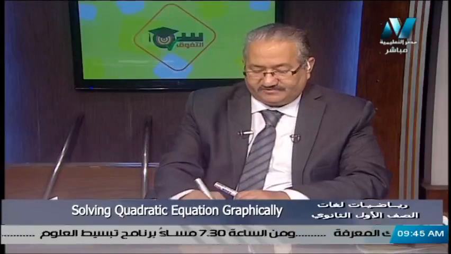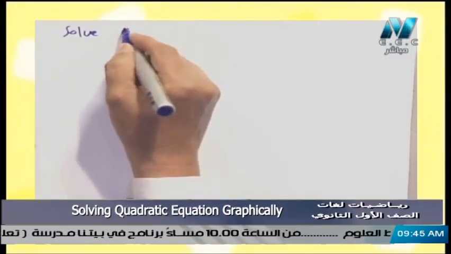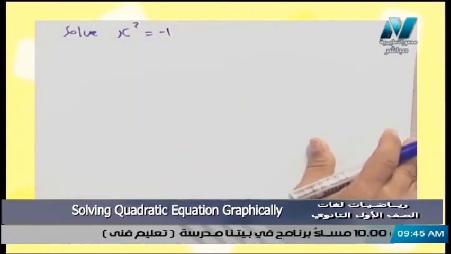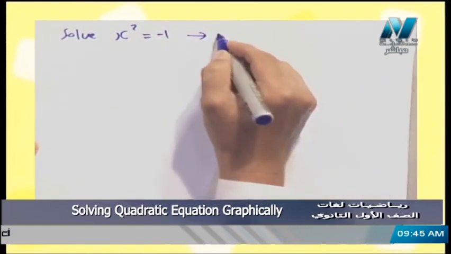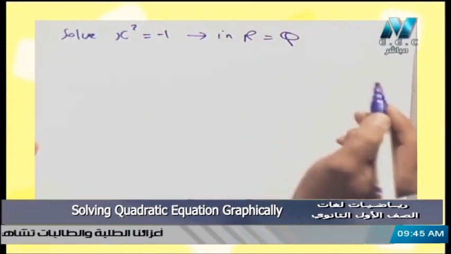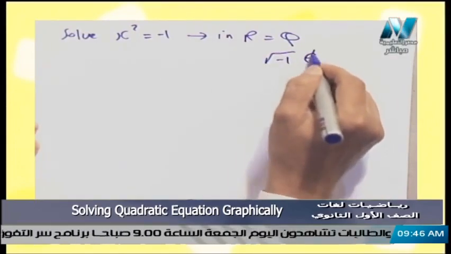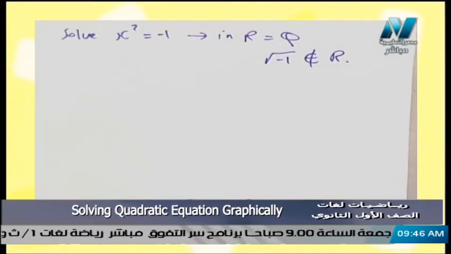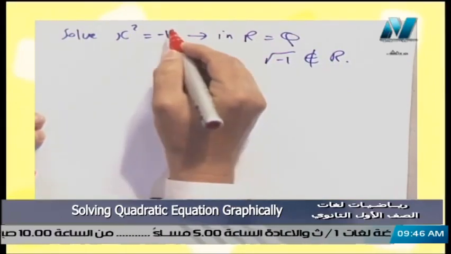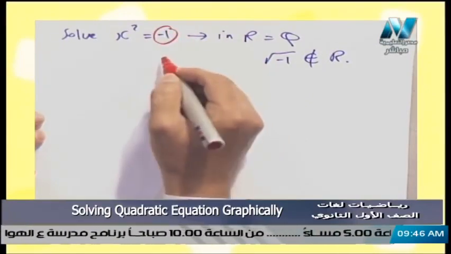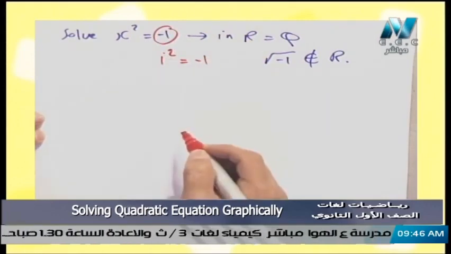We have to solve the equation x power 2 equals -1, but in fact its solution in R equals phi, because square root -1 doesn't belong to R. So the mathematicians came up with a new definition, which is -1 here is i power 2. i power 2 equals -1.